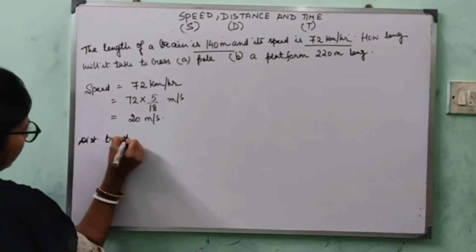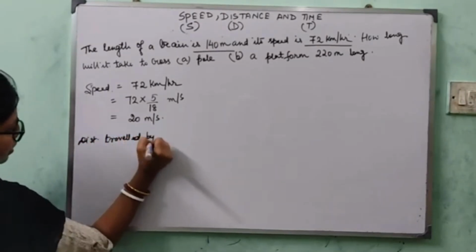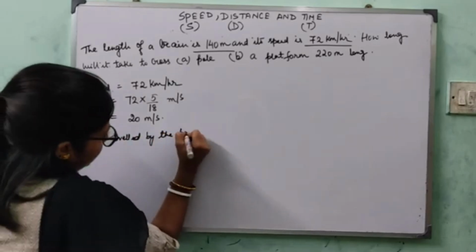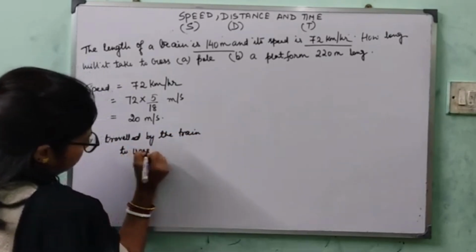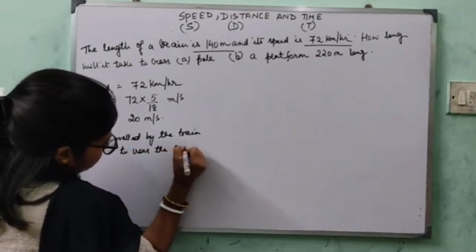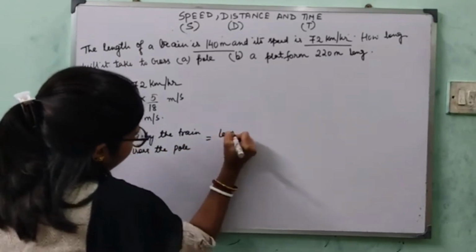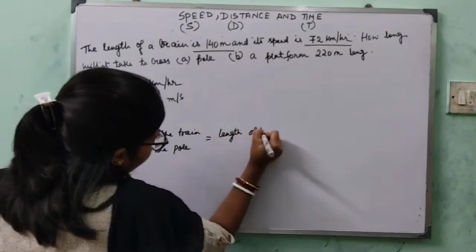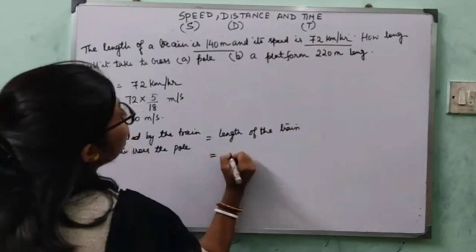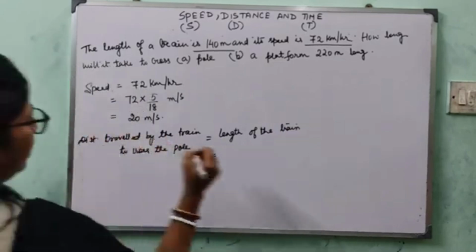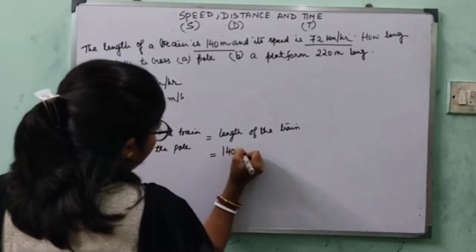Now in this case, the distance travelled by the train to cross the pole will be equal to the length of the train, that is 140 meter.